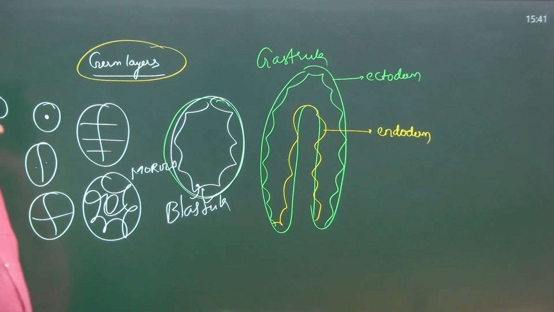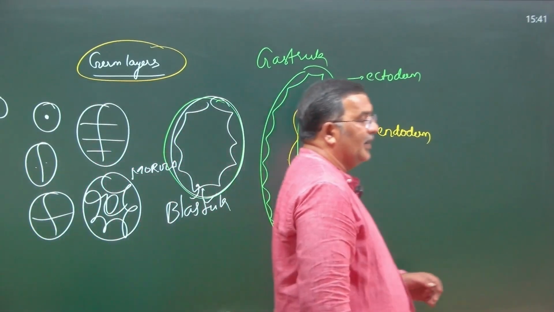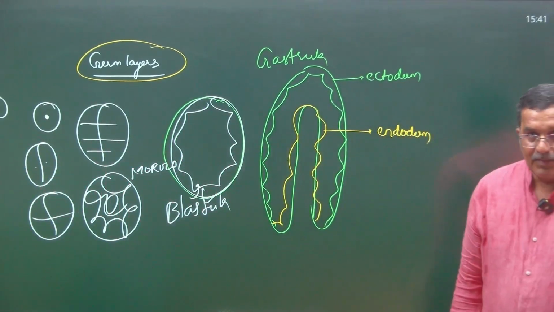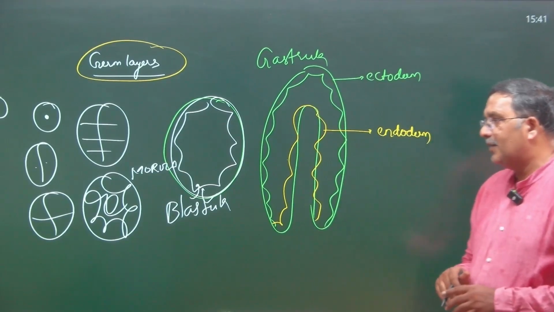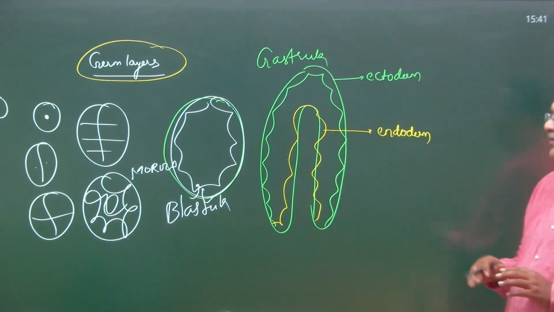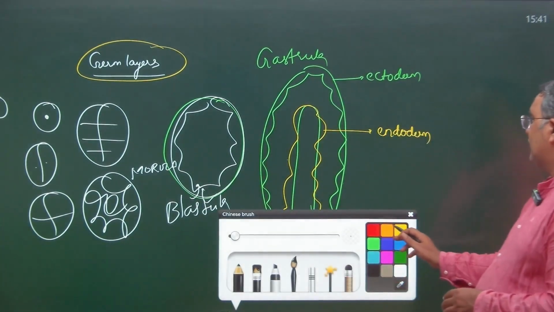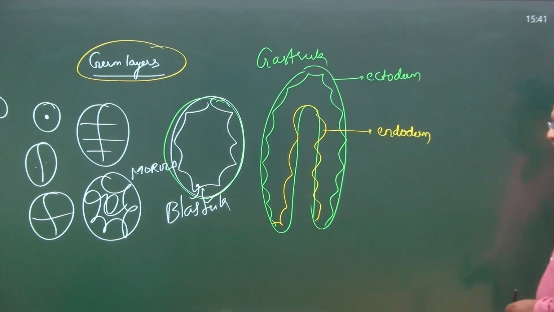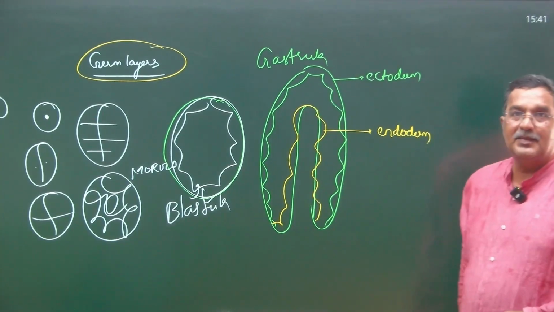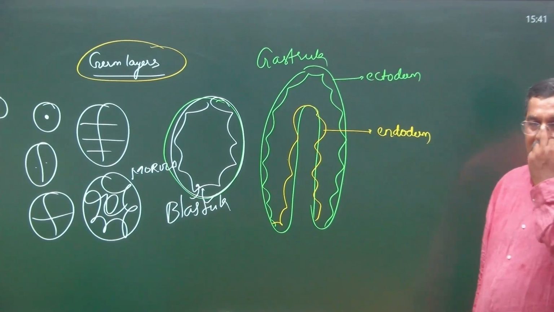Surprisingly, even in a human being, the gastrula might vary a little, but the stage name is gastrula itself. Germ layers are going to be the same. In any organism, after a period of time, human gestation period is 9 months, isn't it?